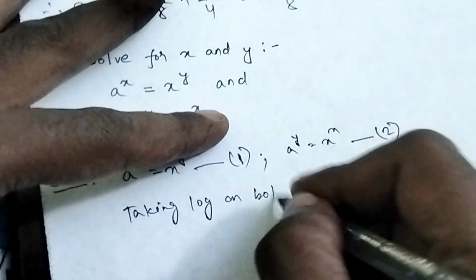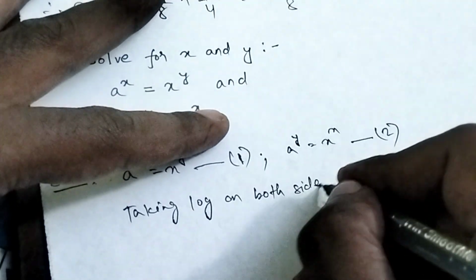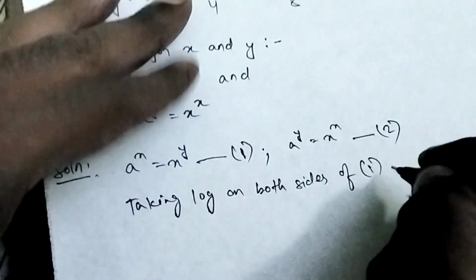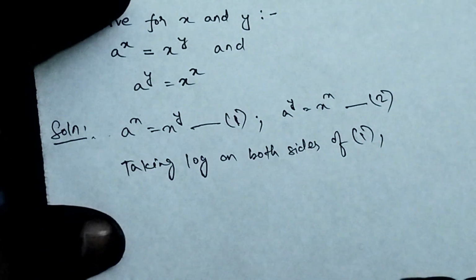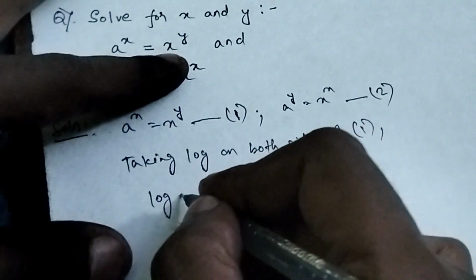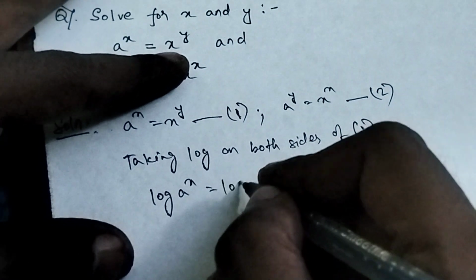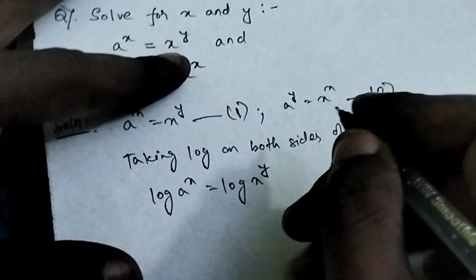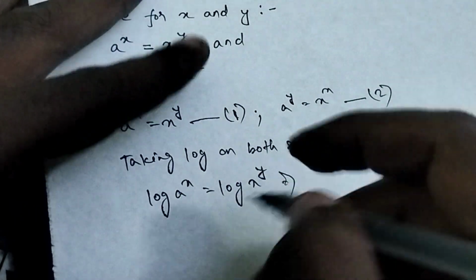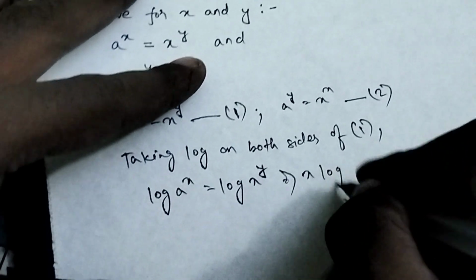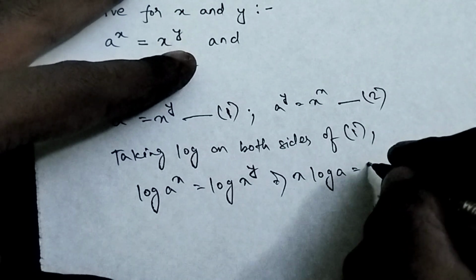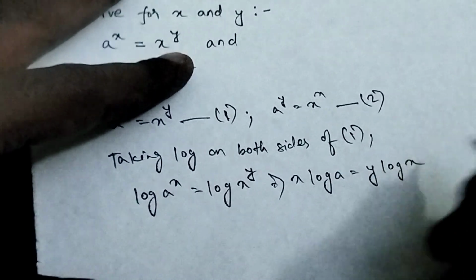Taking log on both sides of 1. So it will be log a to the power x is equal to log x to the power y. From here we can write x log a is equal to y log x.